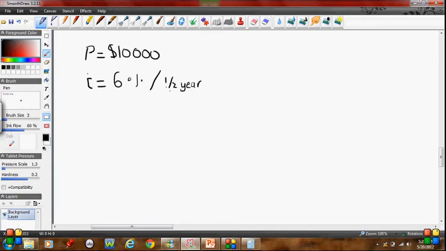And they're asking us to calculate the amount after 9 years. So that would be the time, or compounding periods, so we should make that N rather. N is equal to 9 years.